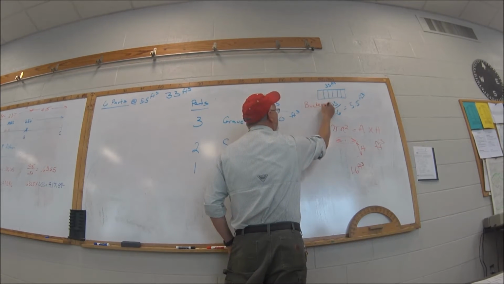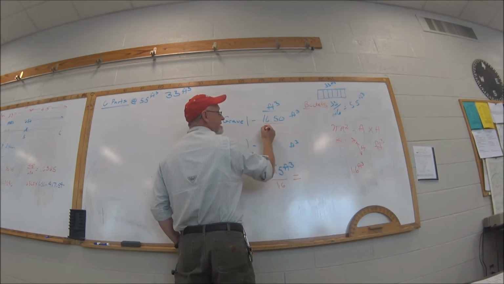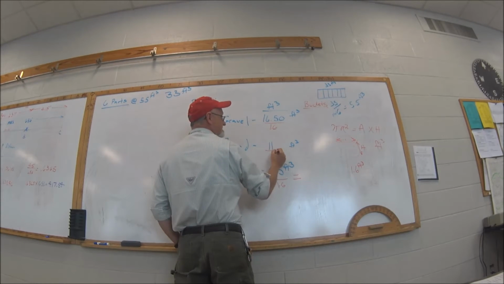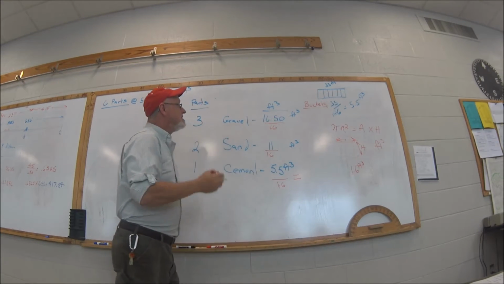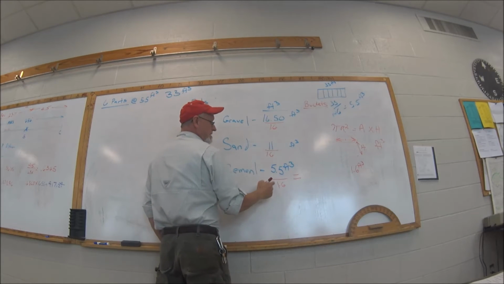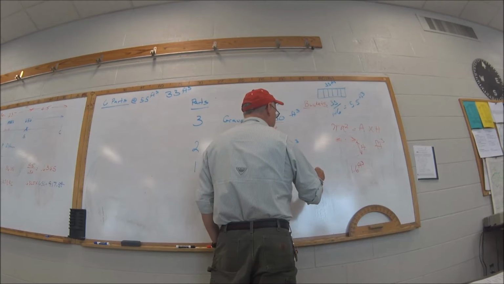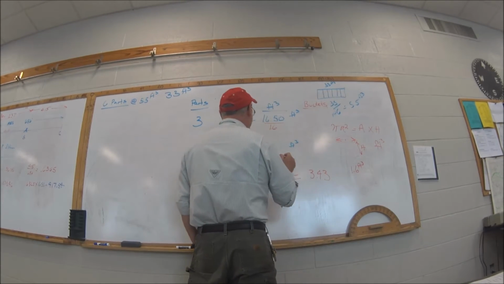Same thing for this one. How are we going to get this one? Divided by 1.6. This, divided by 1.6. So how many buckets do we need here? 3.43. Okay?